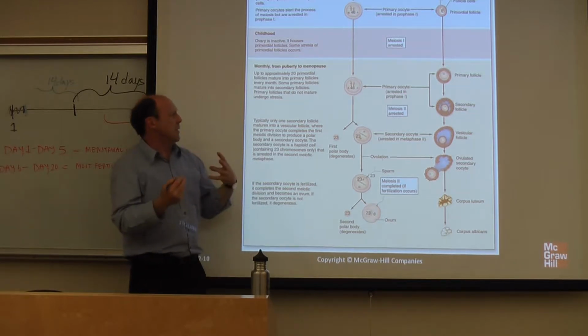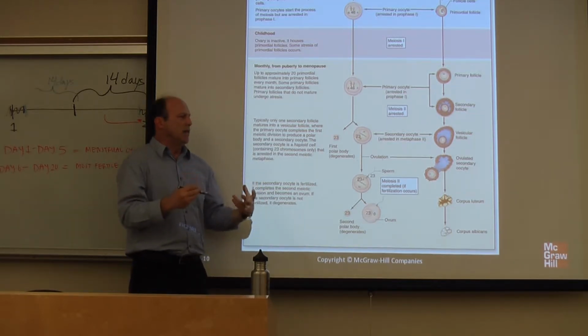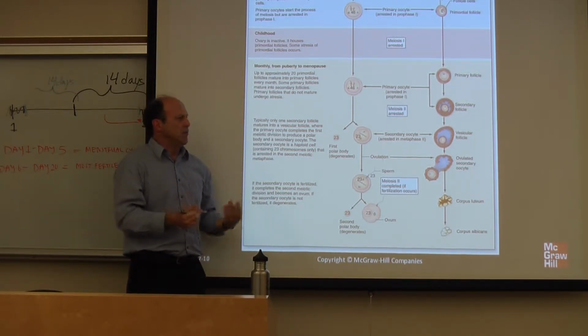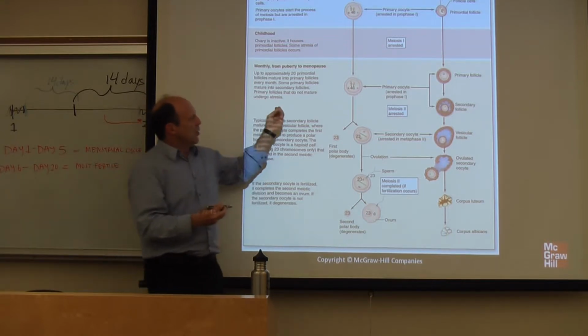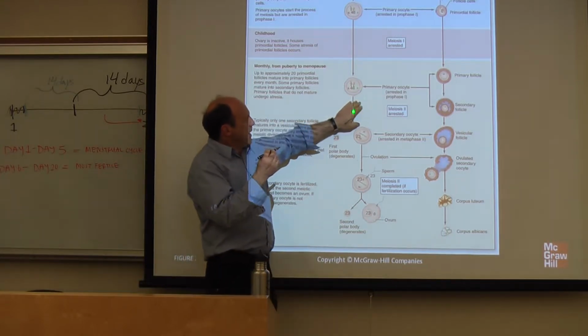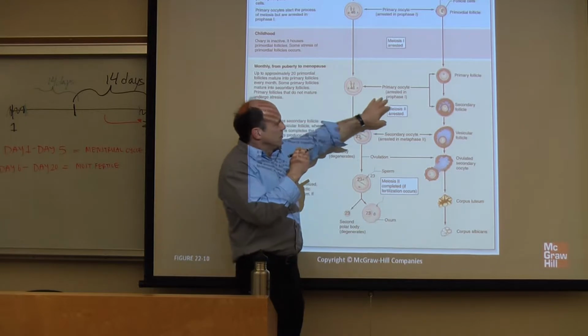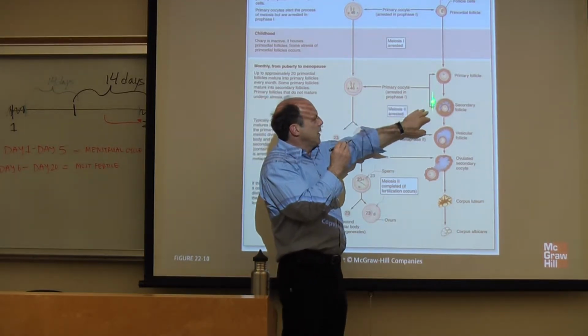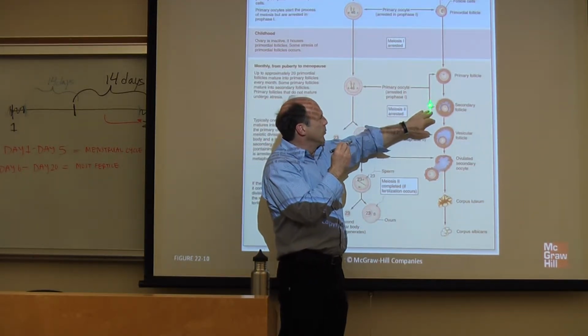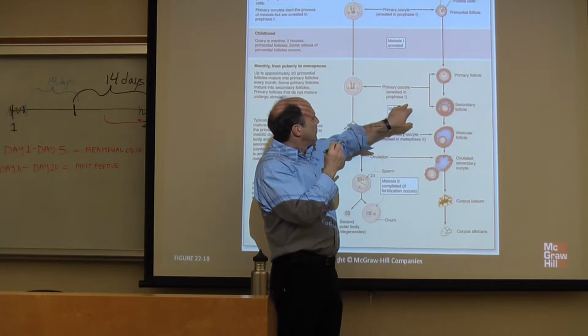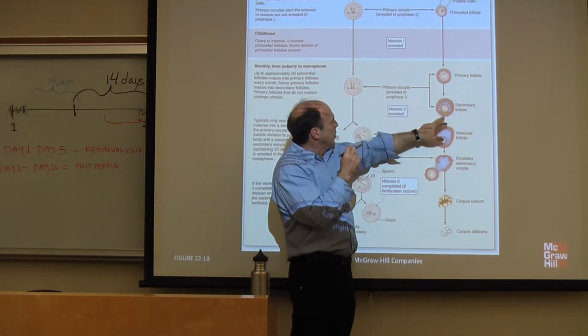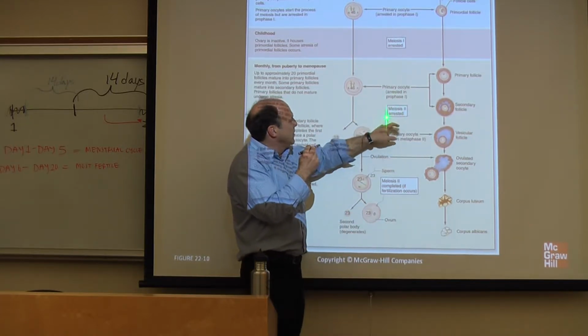And that's where we were saying that, 20, yeah, that's a lot, but none of them make it except for one. They'll just atrophy and be reabsorbed. But some of them will continue.